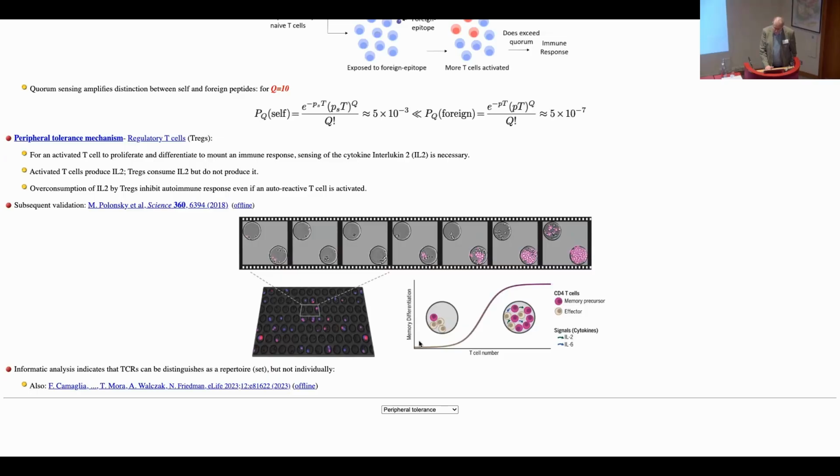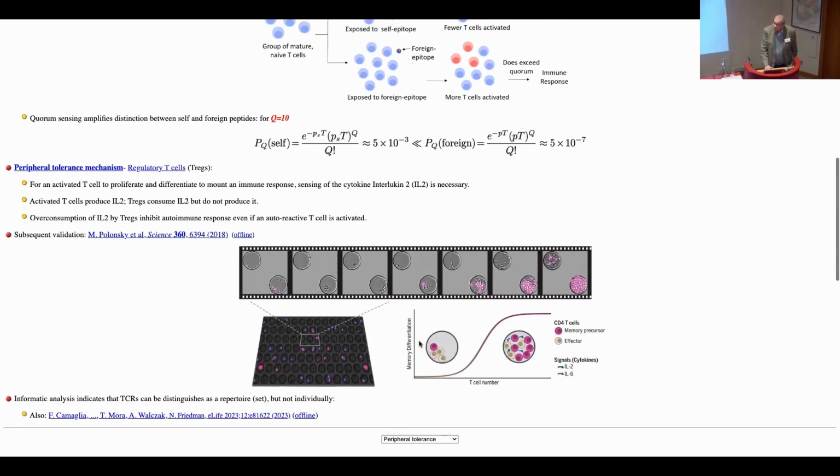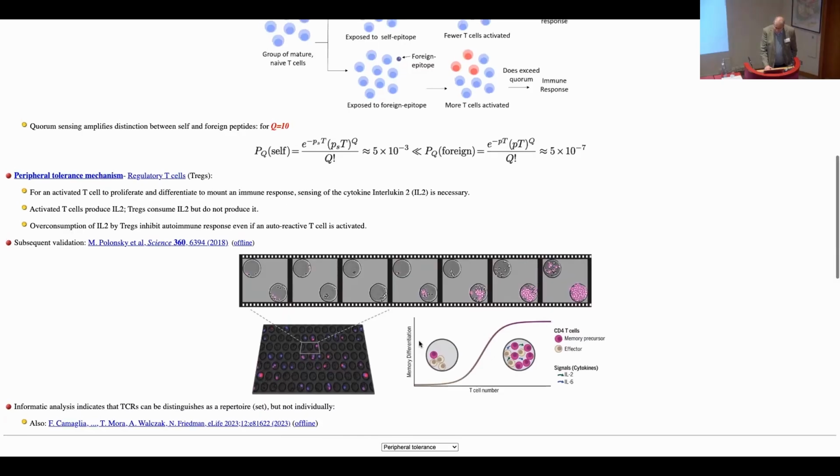So this quorum mechanism, in addition to the thymic selection, is together some way of eliminating autoimmune diseases.